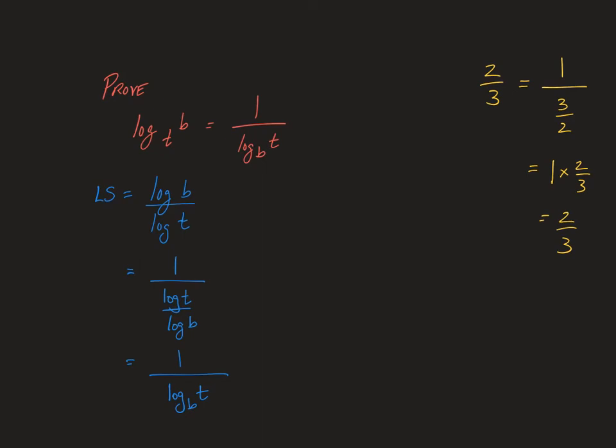Now, if I were to go through and prove this, there's a much more direct route. So what I could do is simply take that left side again, and when I broke it apart into log b divided by log t, I'm going to argue I really had the blinders on. I broke it apart into logs base 10. But the problem is, look at the right side of your red statement. I don't have a log base 10 anywhere.